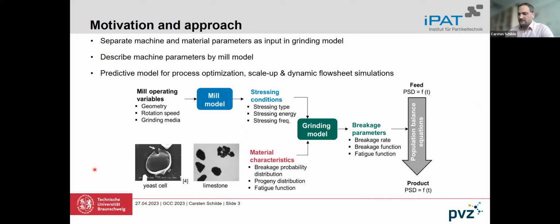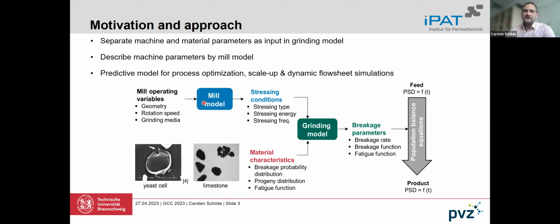So everything deals in our institute, or mostly with the stirred media mills, and we have a certain approach to describe these mills. We try to separate during the modeling machine and the material, a machine function and a material function, which is given here on this slide. On the upper part, we have our machine function, which depends on the geometry of the mill, the process parameters, the grinding media.